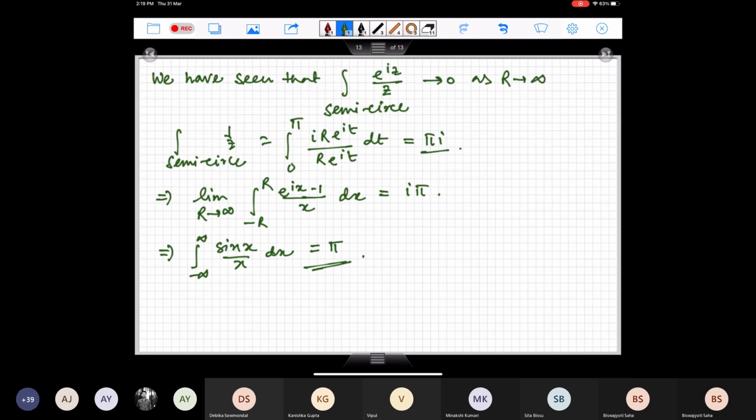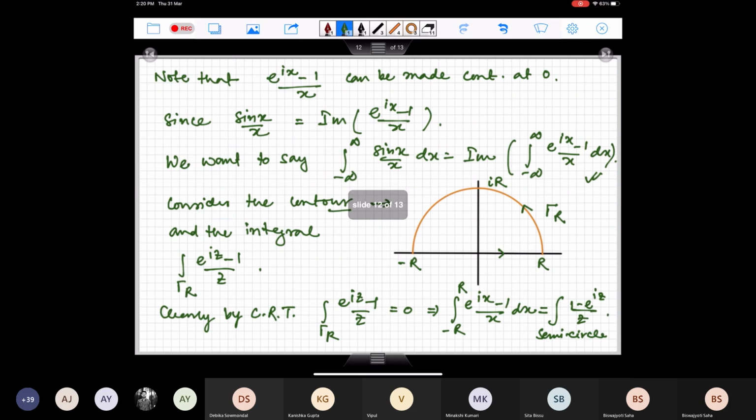So all this, if you keep in your head, will enable you to solve various kinds of problems that one encounters while taking care of contour integration. Okay, so I hope this is clear, and this convergence is done.